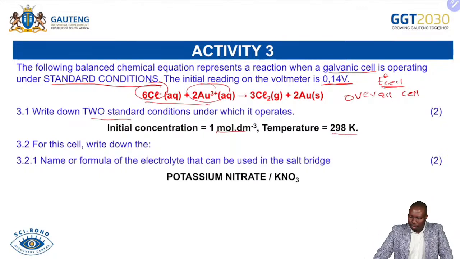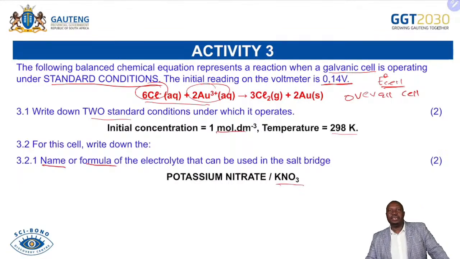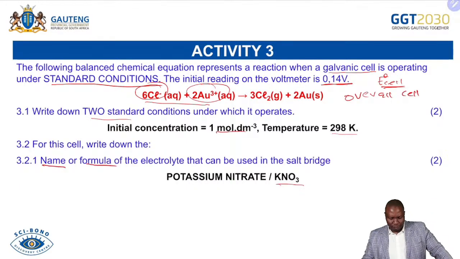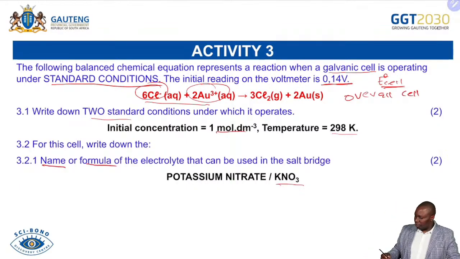And then you are able to indicate that one salt that we can use is potassium nitrate. The question said you can write the name or the formula. So we can use KNO3, which is potassium nitrate.